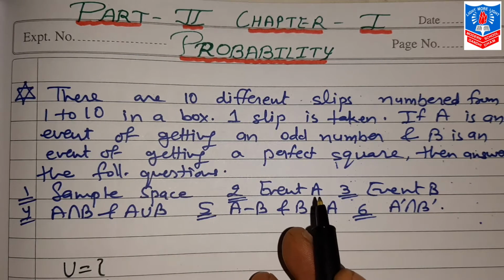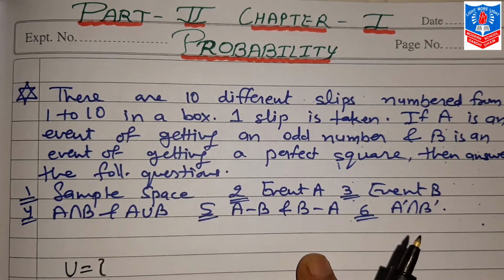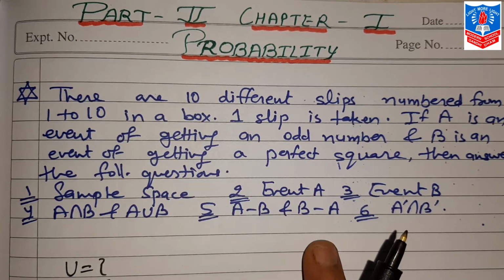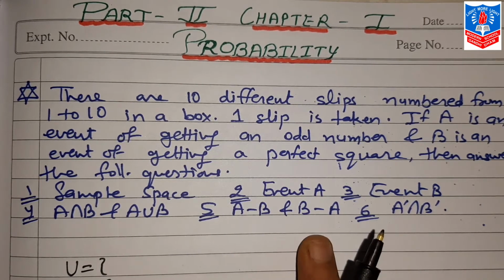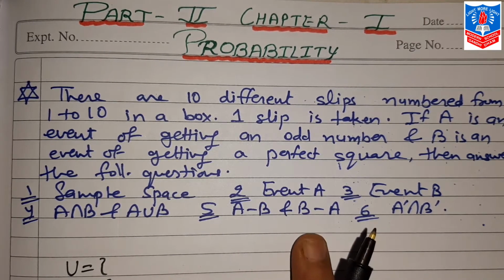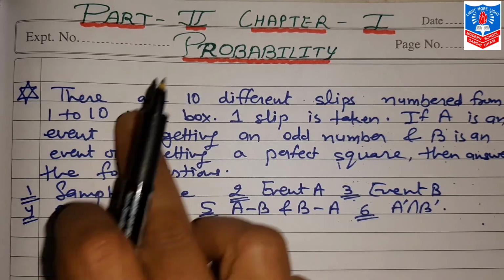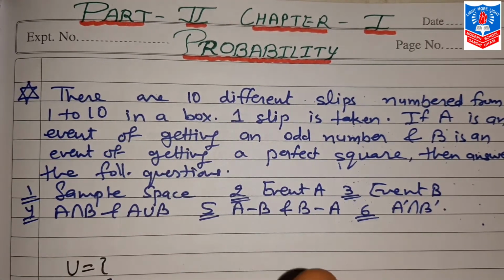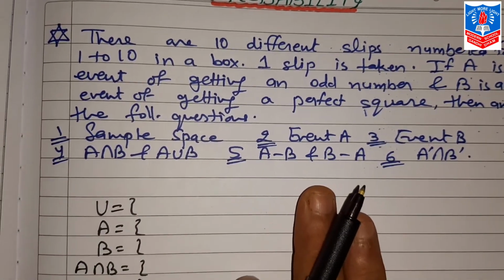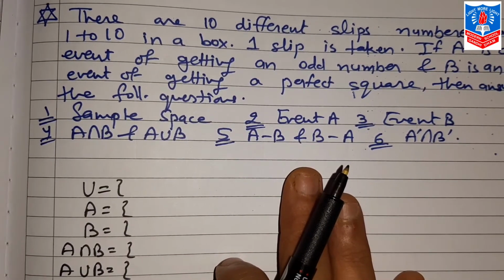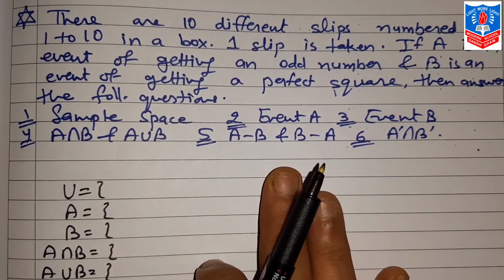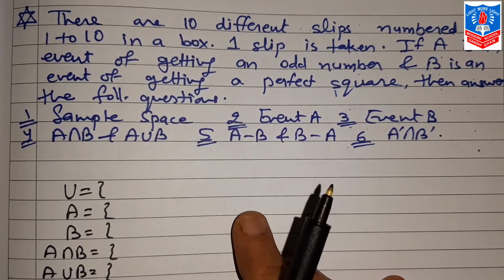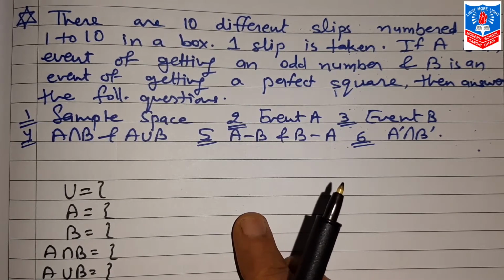Now, whenever we get this type of sum in probability, the first thing we always write is what is given in the question, like U, A and B, because these 3 things only are given in this question.